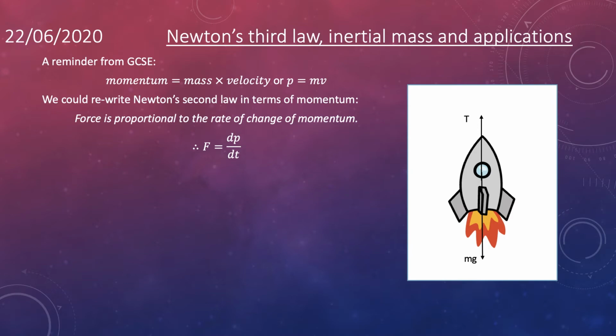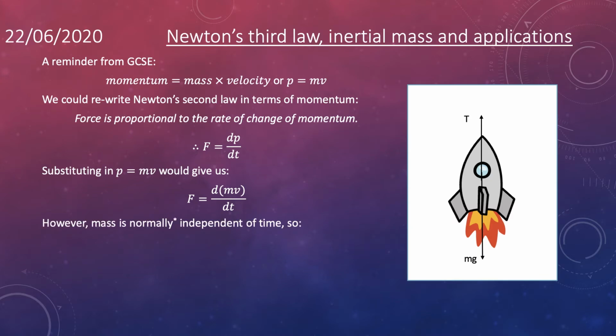If you are more comfortable writing a triangle for change in, please write a triangle, that's fine. If you are one of the maths students, you will be familiar that that's the differentiation of that? That's not on the physics spec though, you don't need to know that. You just need to be able to say change in momentum divided by change in time. Now if we substitute P equals mv into that equation, that would give us force is equal to d(mv) divided by dt, the change in time.